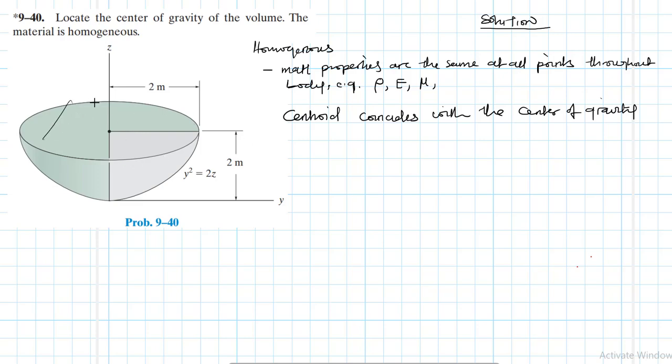If this body had a certain weight W, we want to find that point where the whole weight will be concentrated, and we call that point the center of gravity.